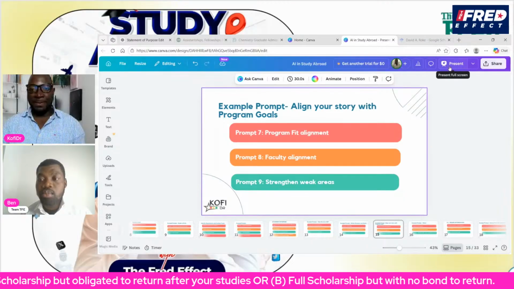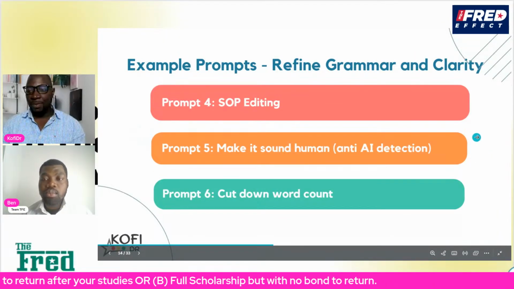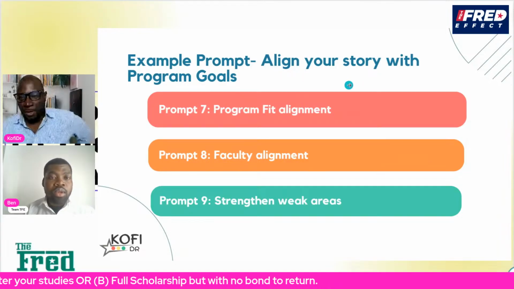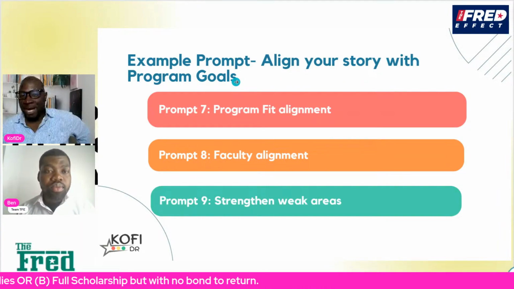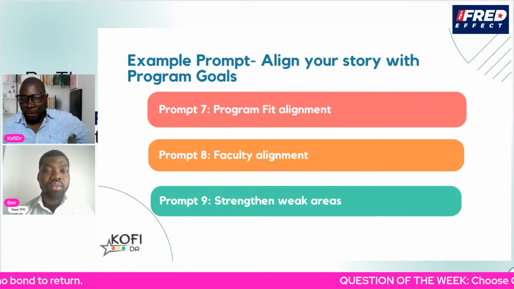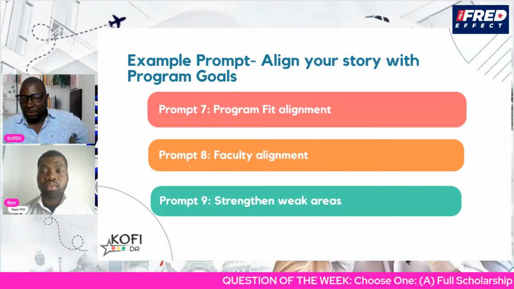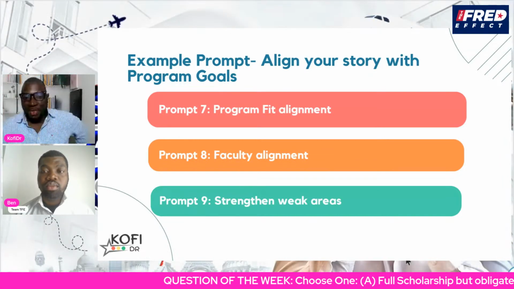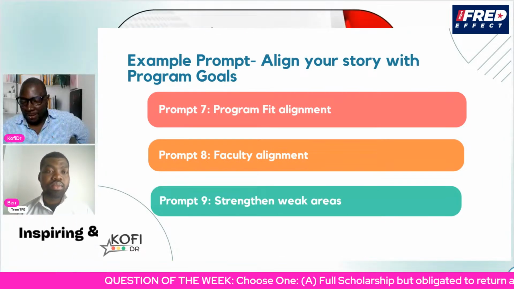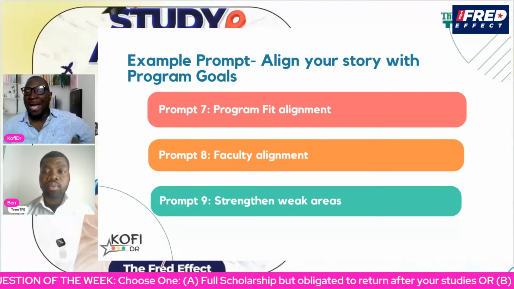Now, the next one we will be looking at is: align your story with program goals. How do you align your story with the program goal? Every program that you are applying into has focus areas that you want to align to.